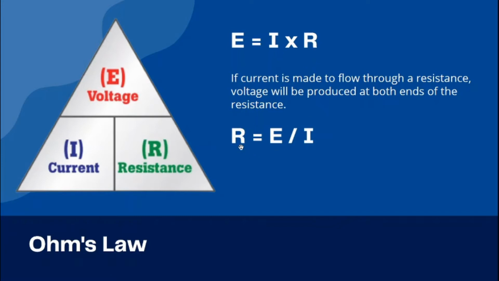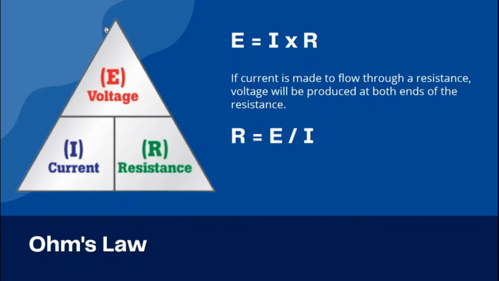Pag solvon po daw na to ang resistance, it will be voltage divided by the current. So sa mao na siya class nga naataan ning triangle diri. Okay, kining EIR. So this triangle is actually a way para hinumduman nato ang equation or ang mga formula.